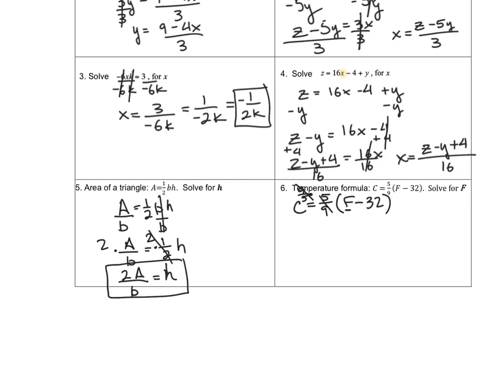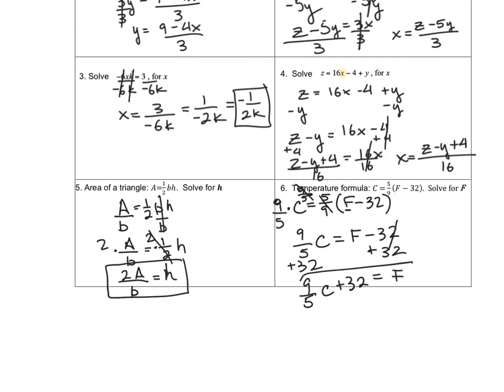So that cancels out, and I'm going to multiply this side by 9 over 5. So I have 9 over 5 C is equal to F minus 32. And then I just need to add 32 to both sides of the equal sign. So I have 9 over 5 C plus 32 is equal to F. My final answer.